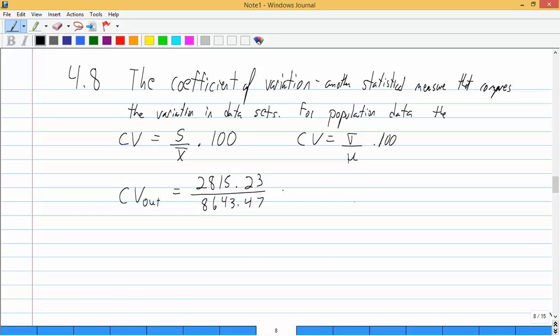So this is standard deviation divided by the mean, times 100, and you get 32.6.